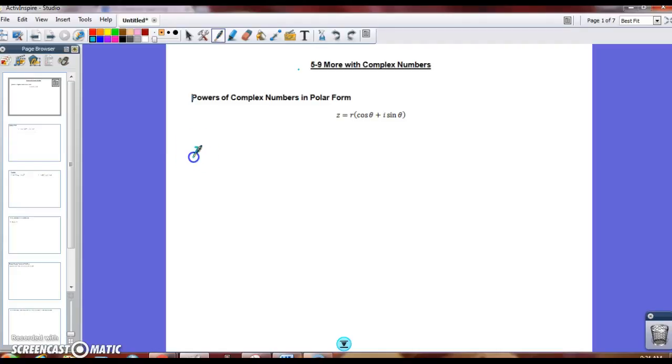So if I take z and multiply it by itself, that would be r times cosine theta plus i sine theta, times r times cosine theta plus i sine theta.